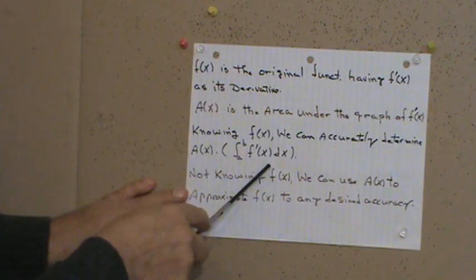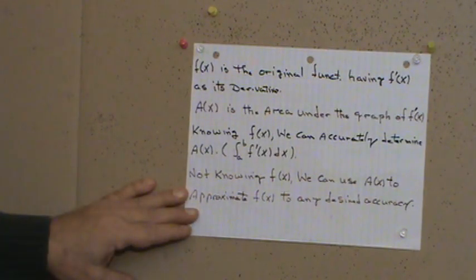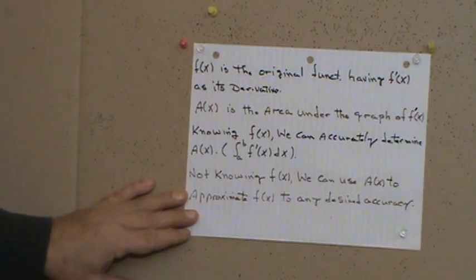And they call it the definite integral. Very fascinating. Which means we can determine the area under the graph of f prime of x precisely, no matter how the curve of the derivative looks. It's fascinating, is it not?